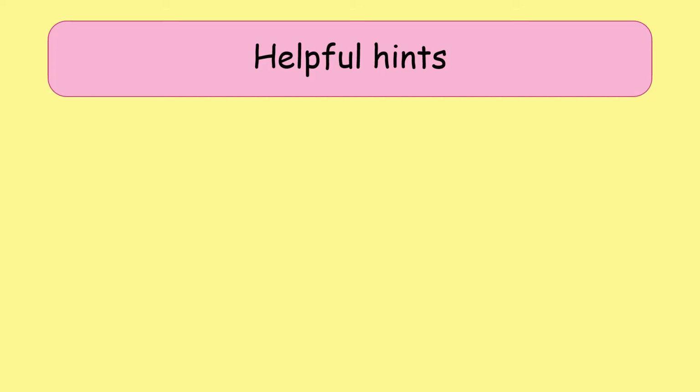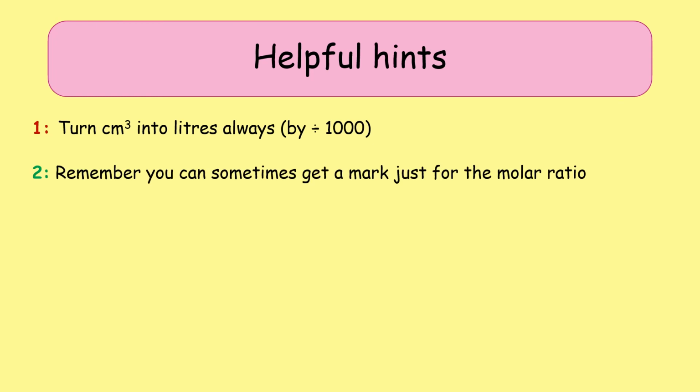Finally, I'm just going to go over some helpful hints for any other questions related to this. First one, make sure if you're given any volume, you turn it into litres. And to turn centimetres cubed into litres, you divide by 1,000. Second thing, remember, even if you completely forget how to do these, you can sometimes get a mark for just the molar ratio.